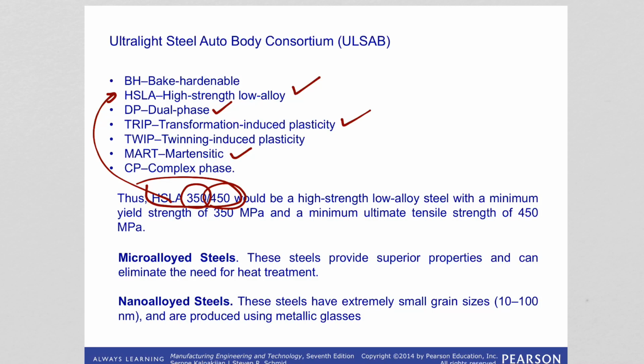And of course this is also called third generation high strength steels. Because of this nano grain size, there are a lot of obstacles to the dislocations, increasing the strength to a larger extent.